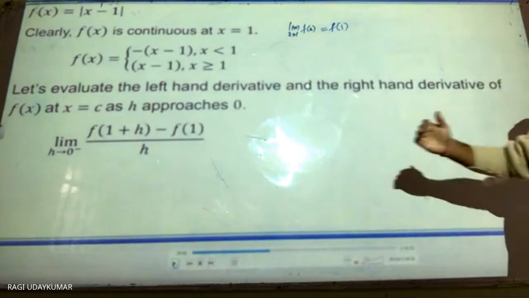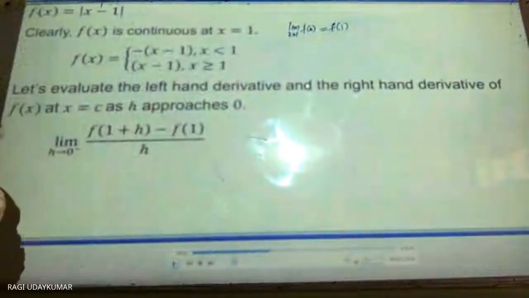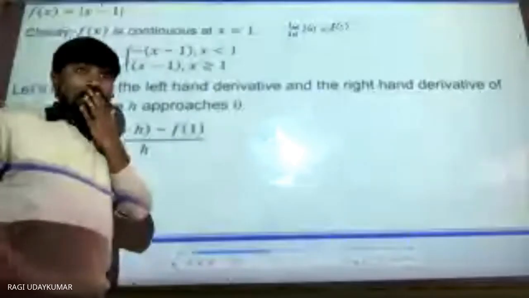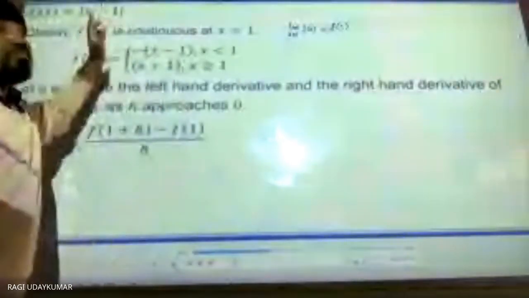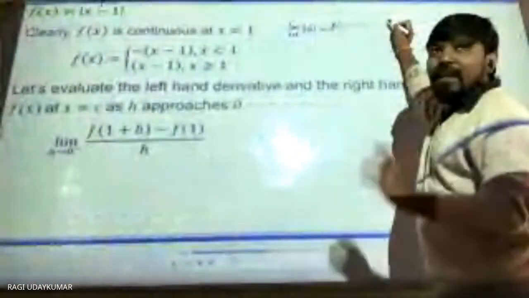Here it is given to you that f of x is continuous. Clearly it is continuous, and we have already solved that. That's why it is given to you that it is continuous. But you need to know how we prove that it is continuous, because this function is a split function. Can you define the function another way?